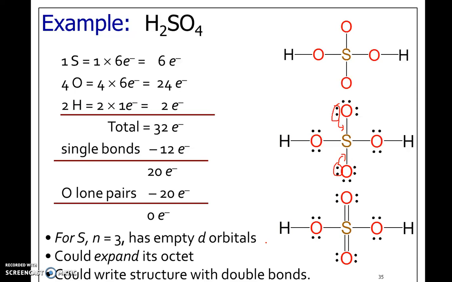One of the key things to note with phosphorus pentachloride and with sulfuric acid, or in this case hydrogen sulfate, is you can already see that sulfur has more bonds than it wants, right? It has the electrons it needs, it has the octet, but sulfur only wants to bond twice.